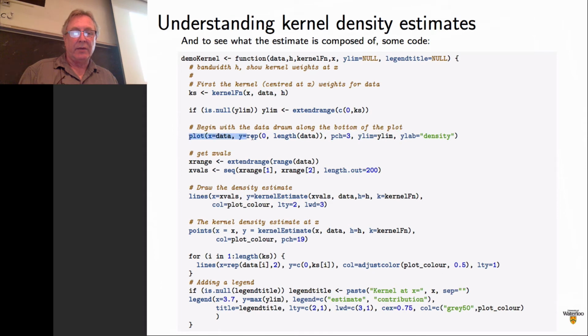And again, I'm going to plot the data along the bottom of the horizontal axis. Draw the lines like I did before. Draw some points at the density estimate. But instead of just the kernel, I'm going to actually show you what the kernel value is for those points, at the x of interest.